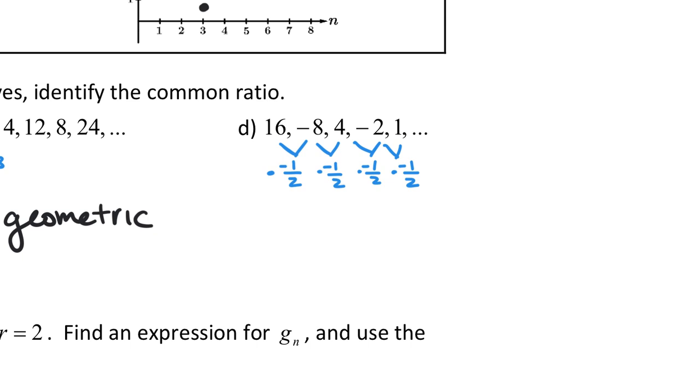So each time I'm consistently multiplying by -1/2. That means this is a geometric sequence and the common ratio is -1/2. That's what I'm multiplying by. I'm dividing by -2, yeah? That's what I'm multiplying by each time in this sequence.